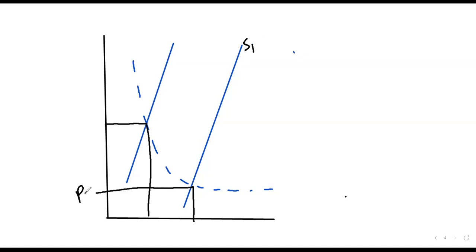When the price was P1, when the price went up, this becomes the revenue of our farmer. Okay, it increases. This is Q1, this is Q2.